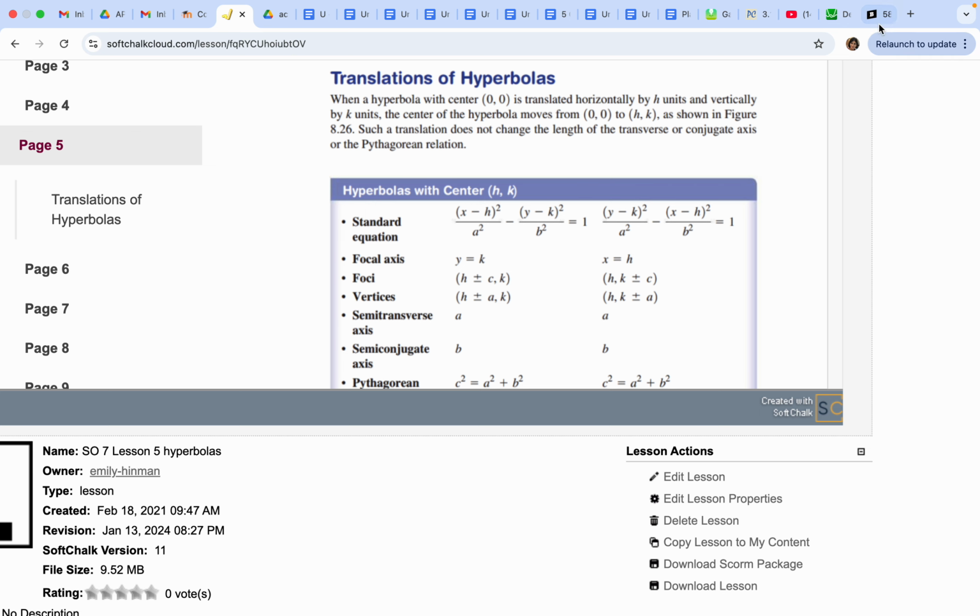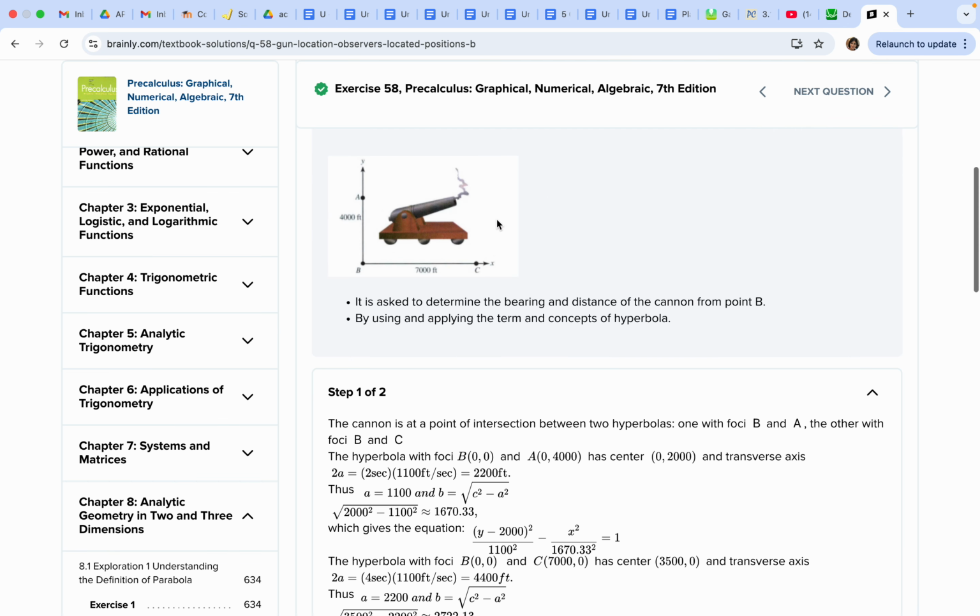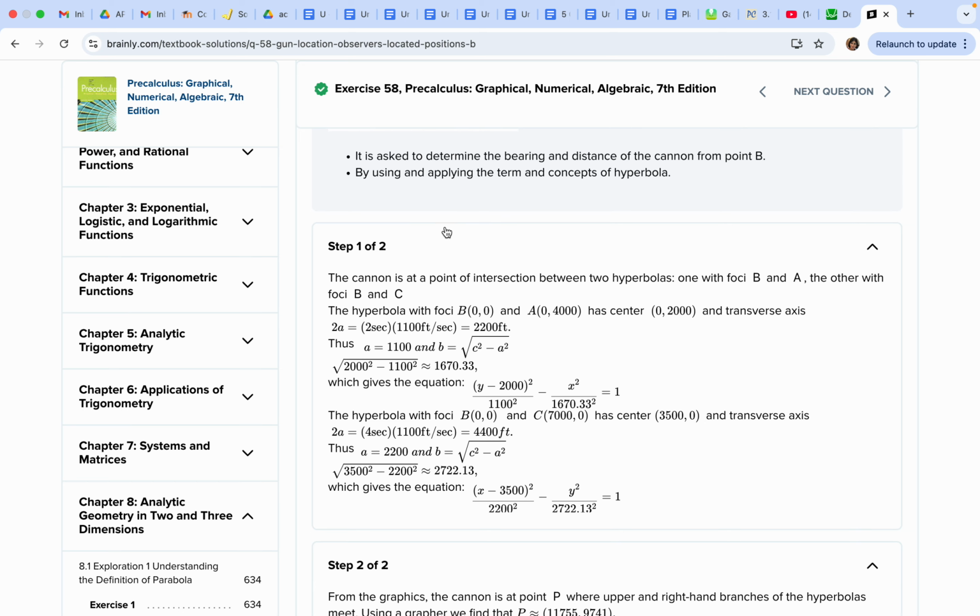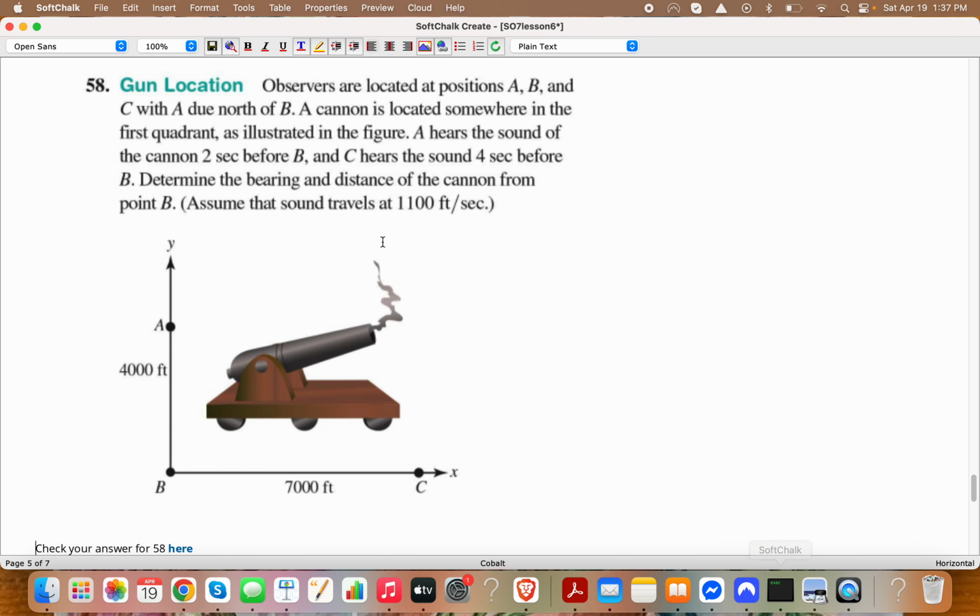Because it's hard for me to write, I'm going to cheat a little bit. This is worked out, so I don't need to do it again. We know that the foci are going to be at (0, 0) and (0, 4000) for the first. I'm first working on the hyperbola that is opening this way.